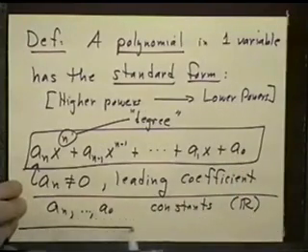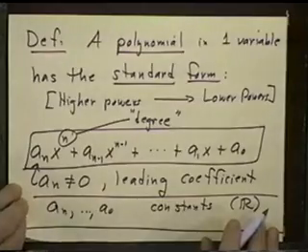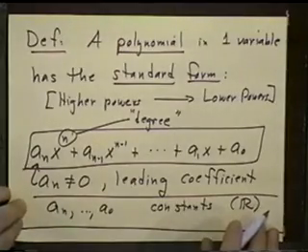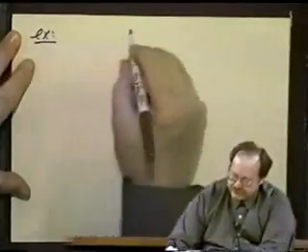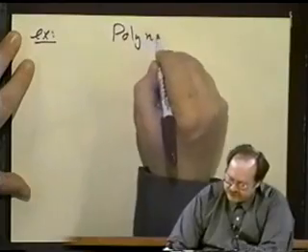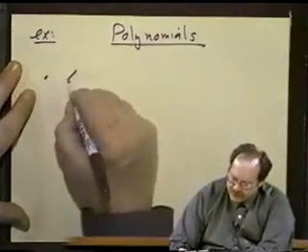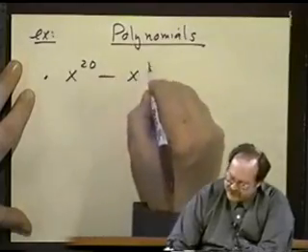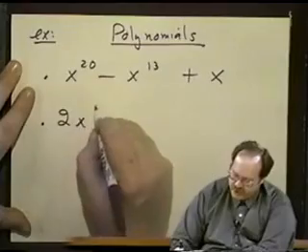So that's what a polynomial is. It really is a wonderful instrument as we work further in the course. But let me give you some examples. Example. These are some polynomials. Here's one. x to the 20th minus x to the 13th plus x. Here's another one. 2x to the 50th plus x to the 49th plus 5x squared minus 37.